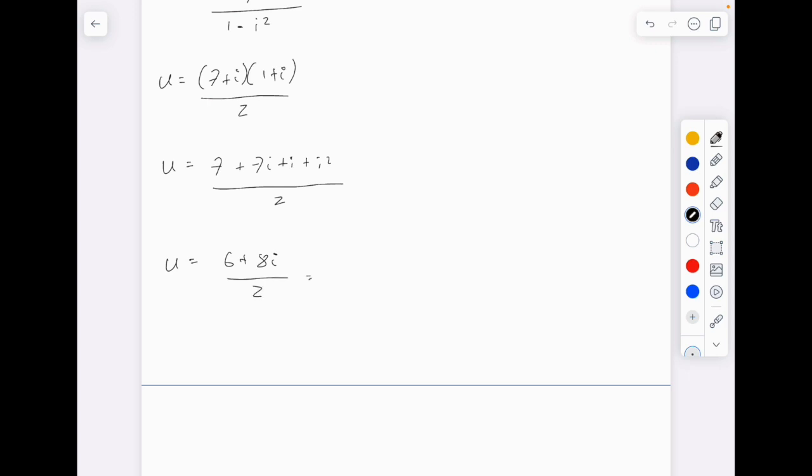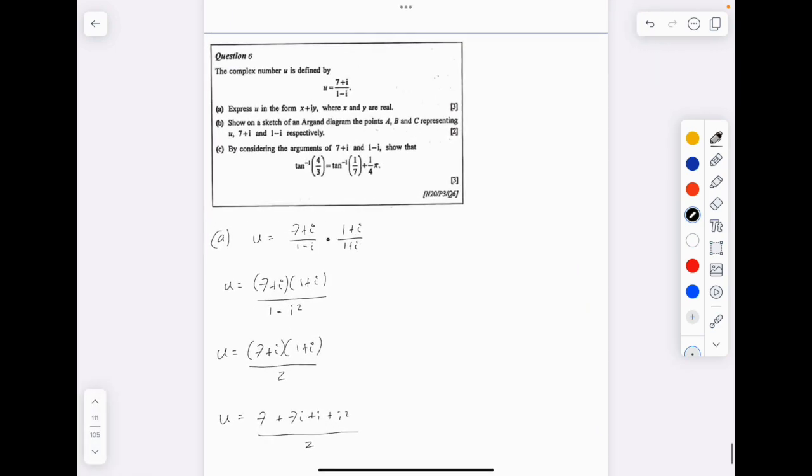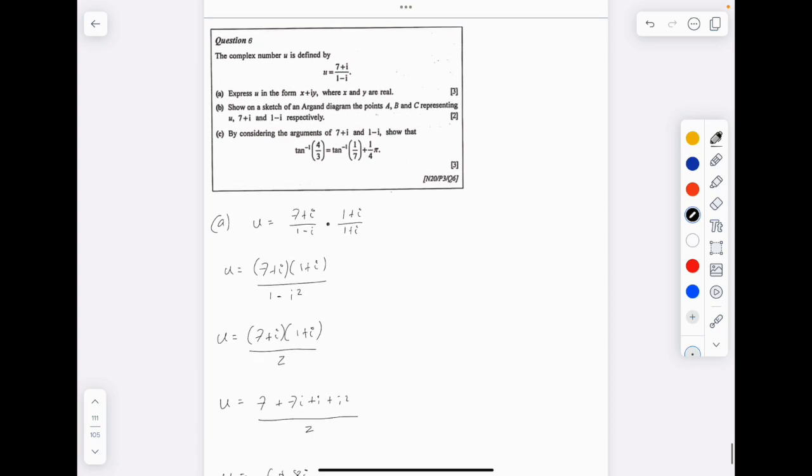Okay, which equals what? 3 plus 4i. Okay, that's the first thing. So we got that.